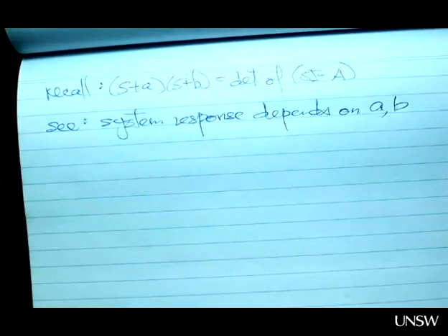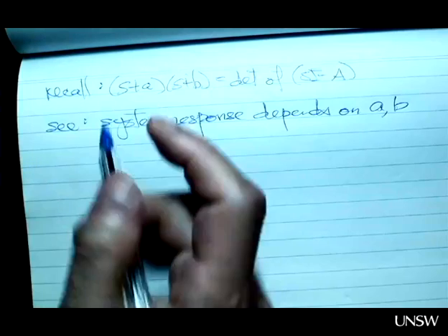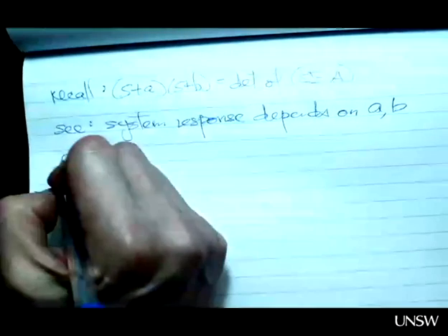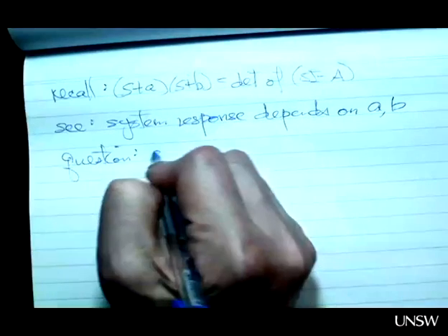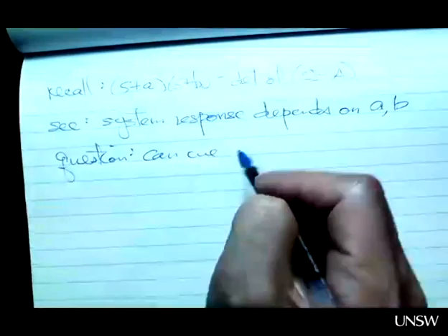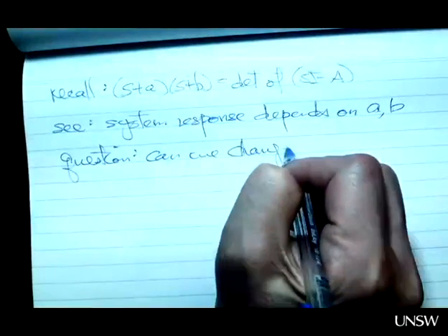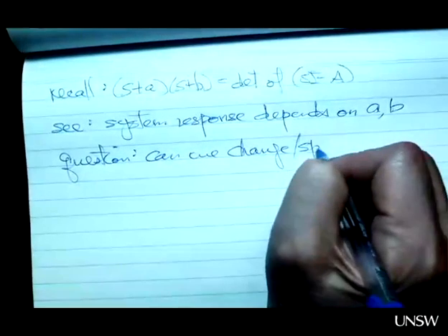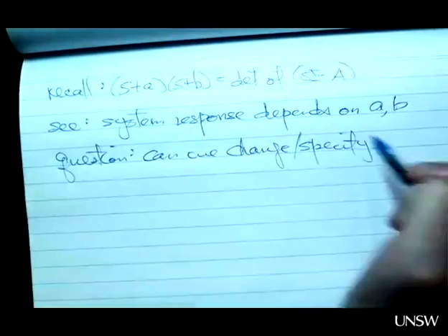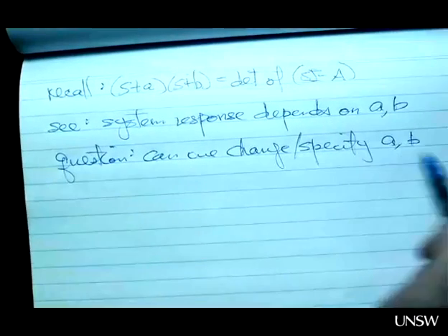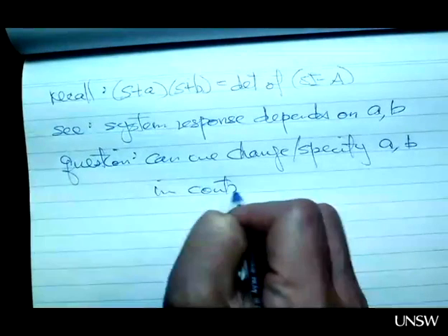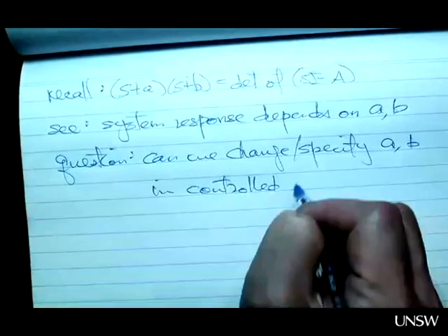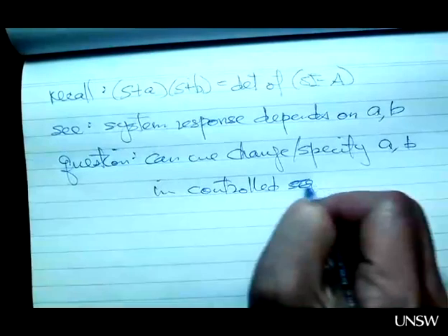So the question is, can we change or specify A and B in controller design? Controller design.